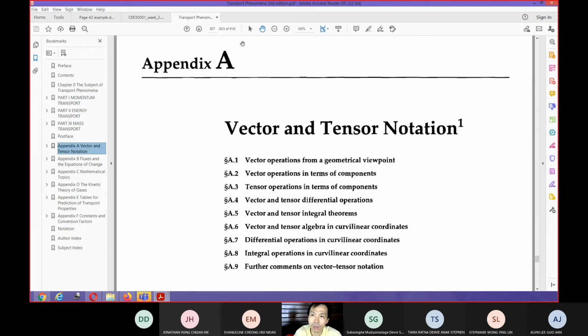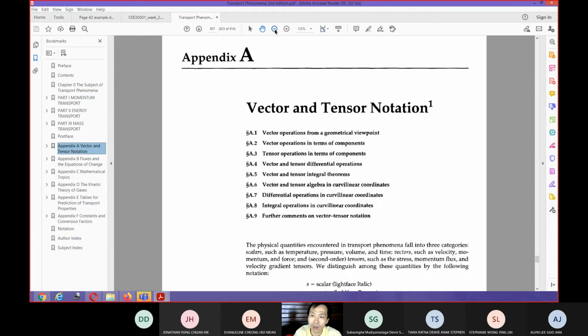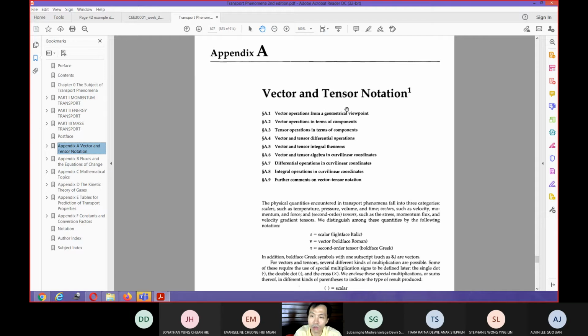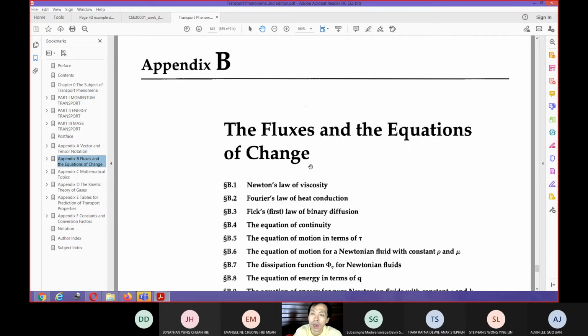Appendix A is about vector and tensor notation, and it also explains how you convert vector representations from Cartesian coordinates to cylindrical and spherical coordinates. It is not something you really want to deal with if you are still a beginner, but if you have extra time and want to try your mathematical skills in vector and tensor conversion, you can go into appendix A.